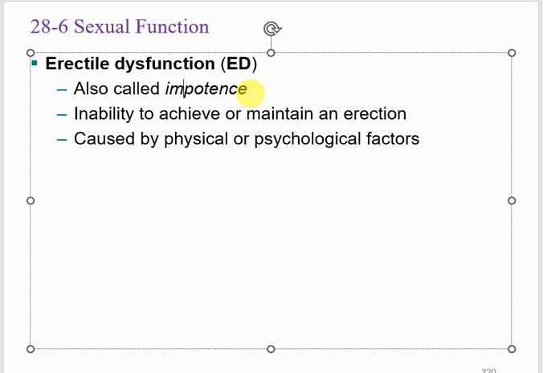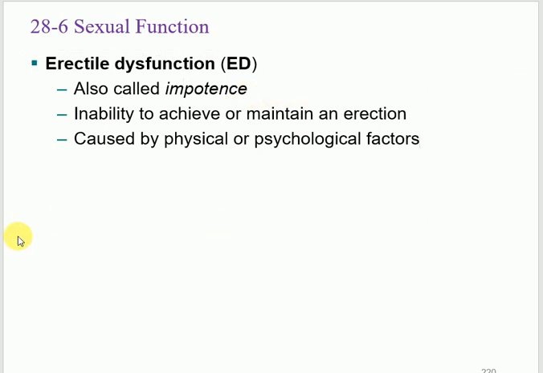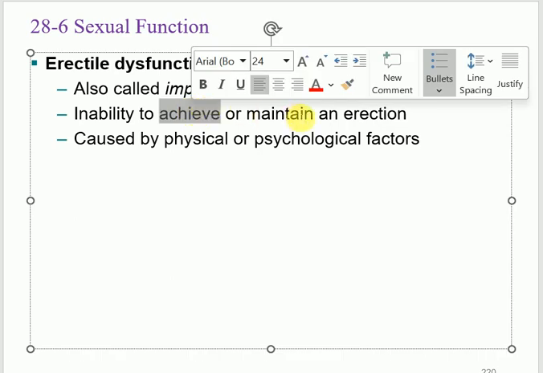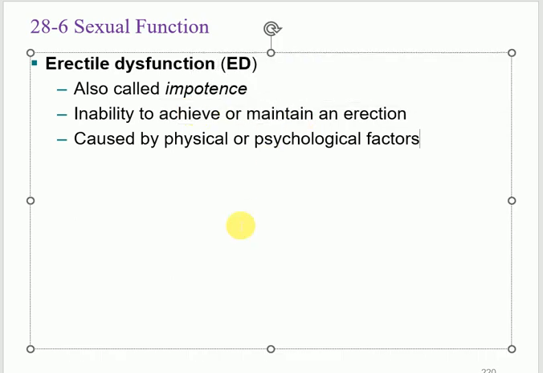It has nothing to do with infertility. So the problem is not in the sperm, the problem is not in the glands, the problem is not anywhere else. It's just inability to either achieve or maintain an erection. He cannot start the erection, or he does start the erection but cannot maintain it enough to finish the process of sexual intercourse. So any one of those is impotence.